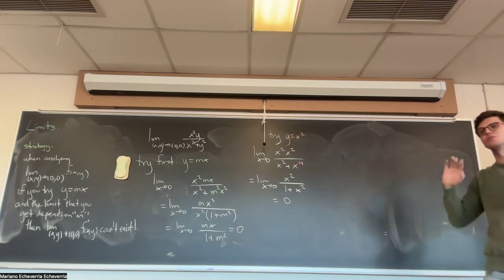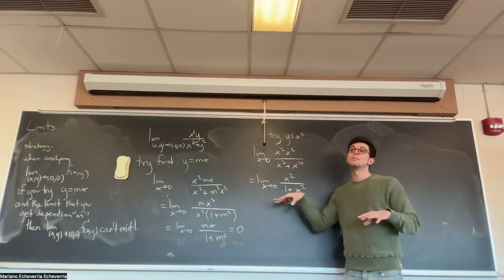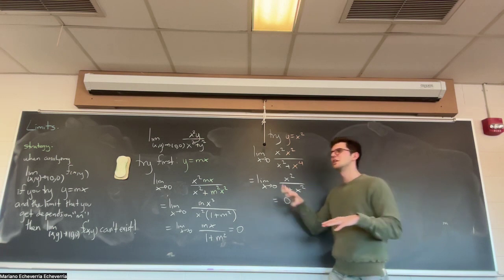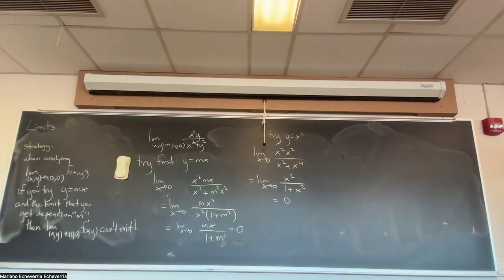So what this does tell you is that the limit looks like maybe it wants to be 0, right? But the strategy is not to go through every possible path. That would take an eternity. So this is where we switch methods and go to the squeeze theorem, or sandwich theorem, if you remember that from Calc 1.